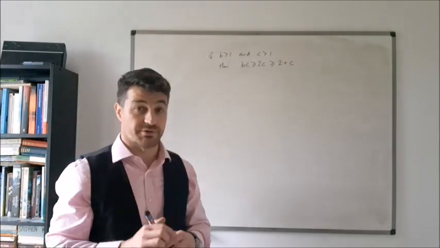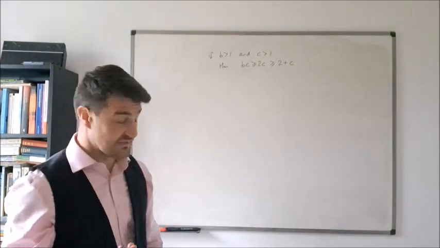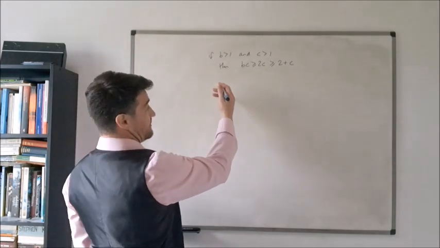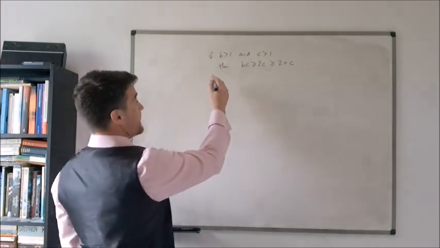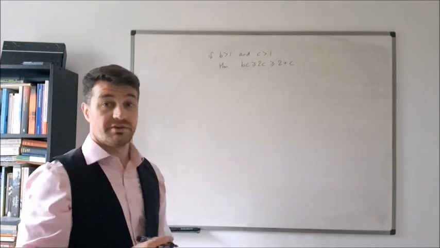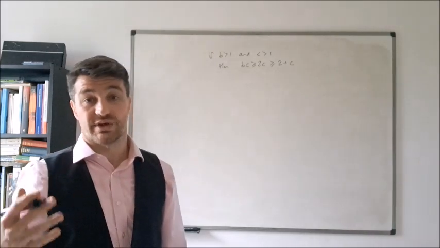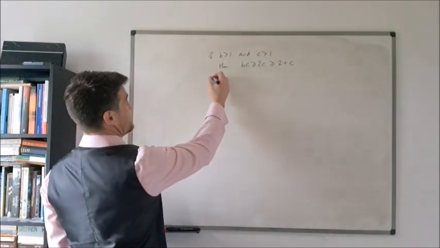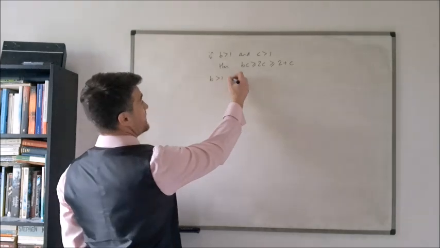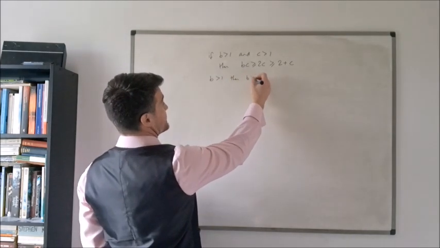Here's one of the properties of positive integers that we can potentially rely on. If B is greater than 1, that means B must be greater than or equal to 2.